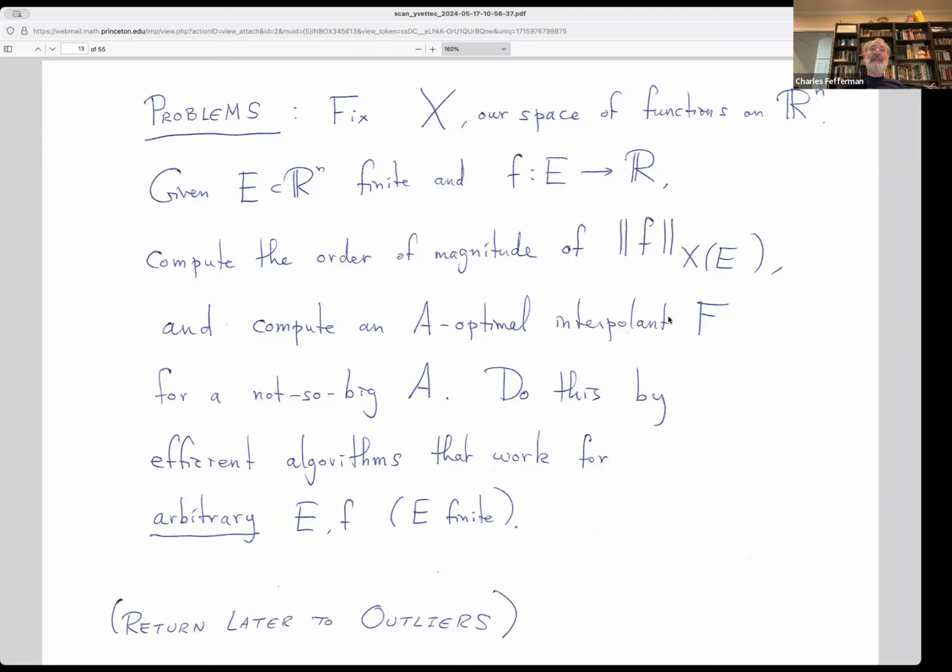And we also want to compute an A optimal interpolant for a not so big A. And we want to do this by efficient algorithms that work for completely arbitrary interpolation problems, that is, completely arbitrary E and f, E finite. So that covers 2 out of the 3 problems. So far, I've simply dropped all mention of outliers, but we'll come back to outliers later. The problems, the way I've stated them, are still not precise, right? What does it mean to compute the order of magnitude of something? And what does a not so big A mean?